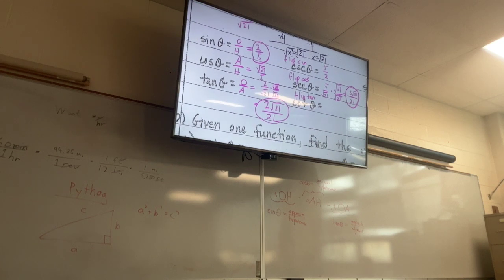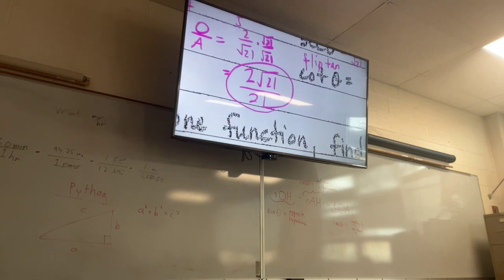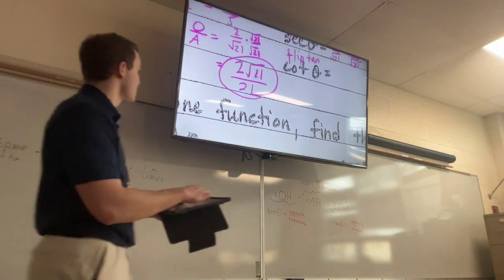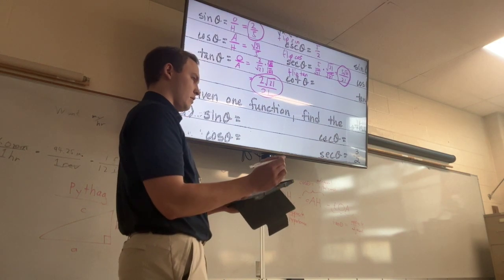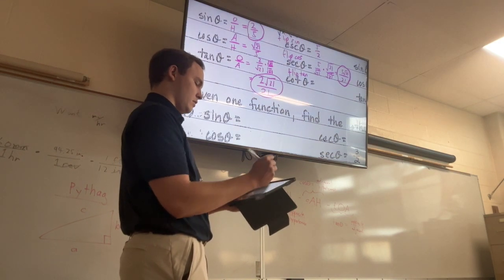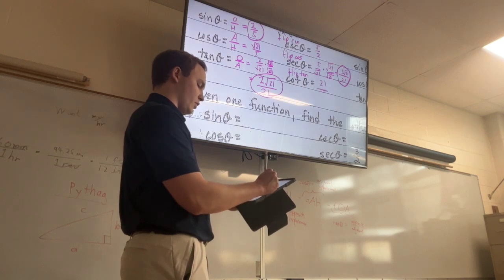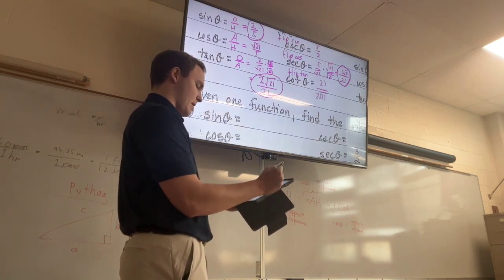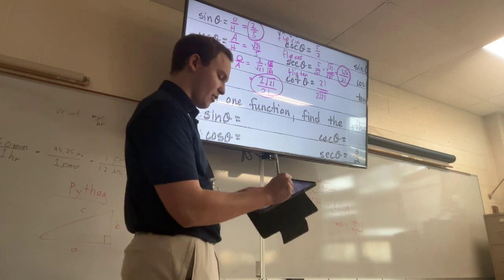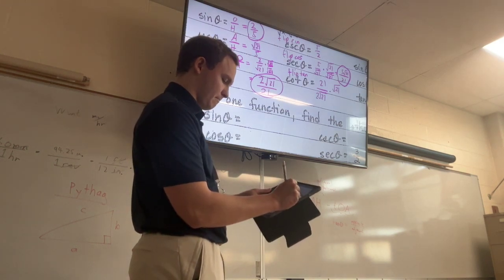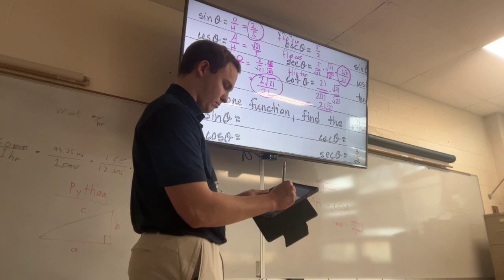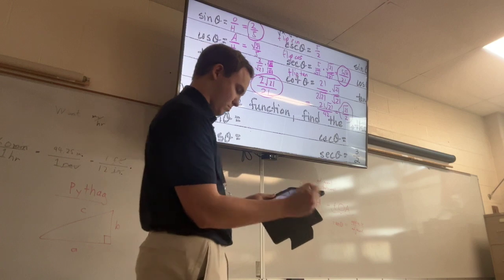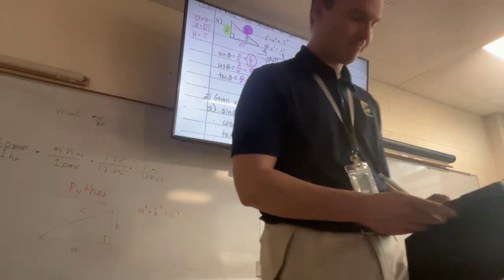All right, and then if my tangent is 2 root 21 over 21, what's my cotangent? It'd be 21 over 2 root 21. Yep. Let's make sure we rationalize our denominators. So that's my cotangent, okay?